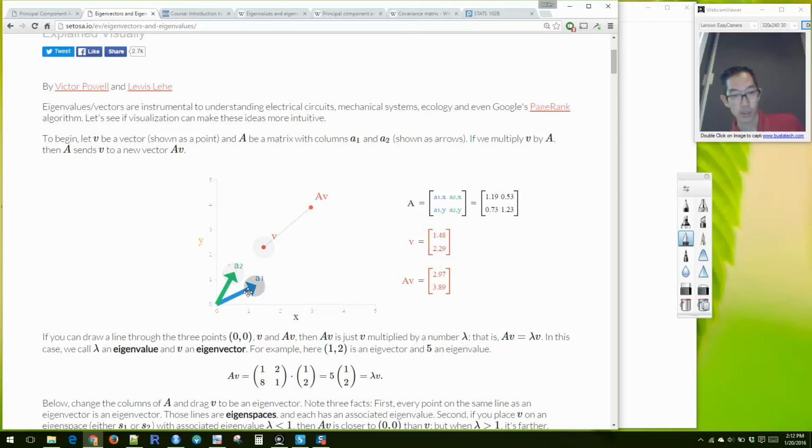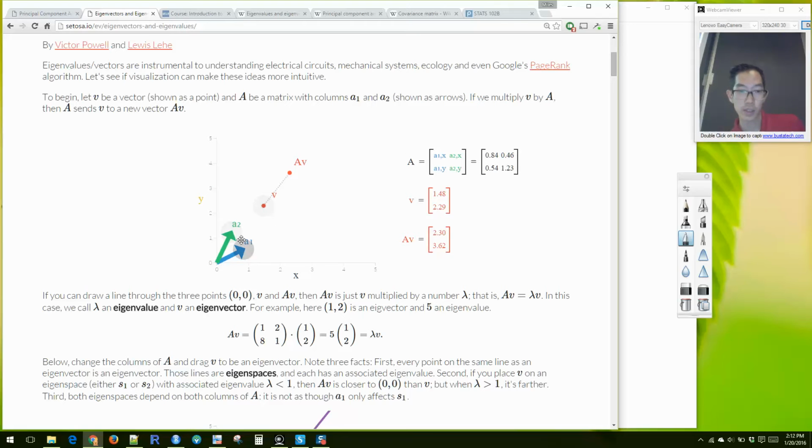All right, so what does this mean? Well, if the line that shows the transformation between V and AV ends up running through the origin, then we have an eigenvalue, eigenvector situation.